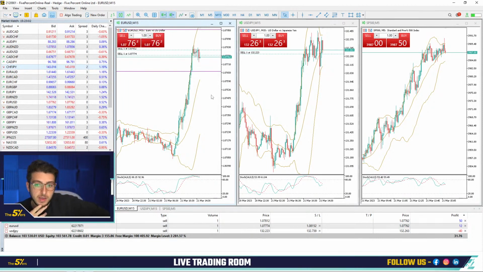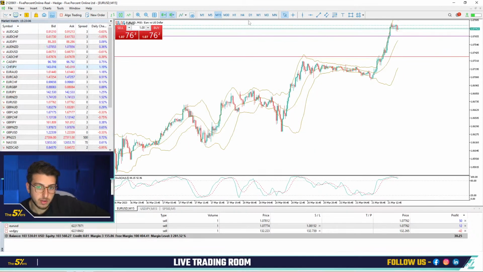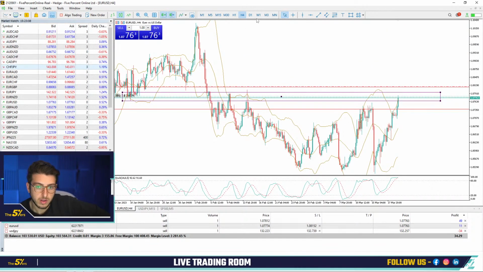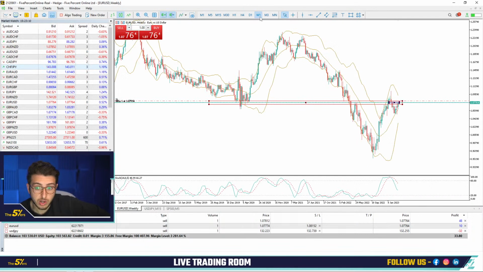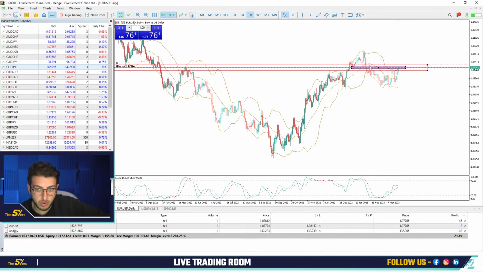Tuan, it depends. Basically, on the euro USD, for example, I just moved to the H4 chart, even to the daily chart, even to the weekly chart. I start my analysis on the euro USD by looking at the weekly to find if there is a spot. And here we are in a spot on the weekly chart. Then I move to the daily, and you see that the daily and the weekly chart are the same zone.